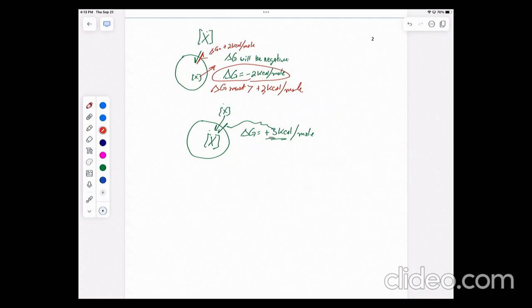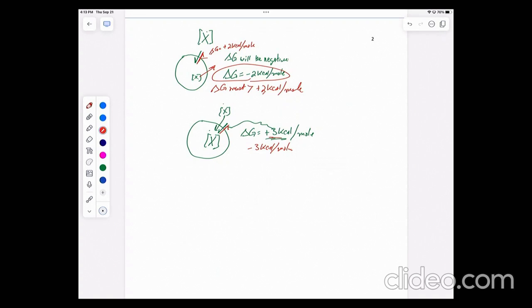It's just flipping the sign here. So I know that the force where X is going to leave the cell is going to be minus 3 kilocalories. You see that? And so if I put 3 kilocalories in the system, acting on X energy-wise, all I'm doing is counterbalancing the energy of the X that's going to be released if it left the cell. So that would put it in equilibrium.